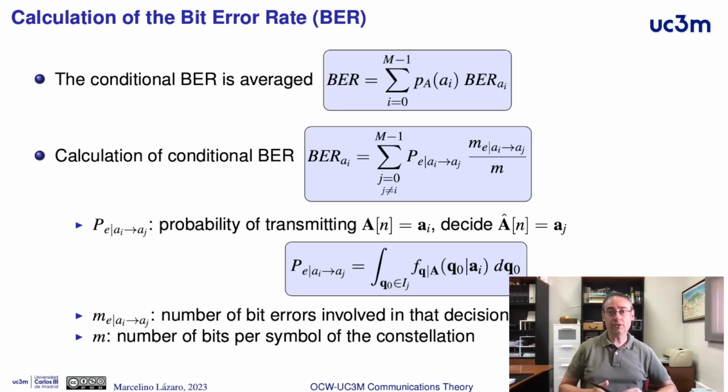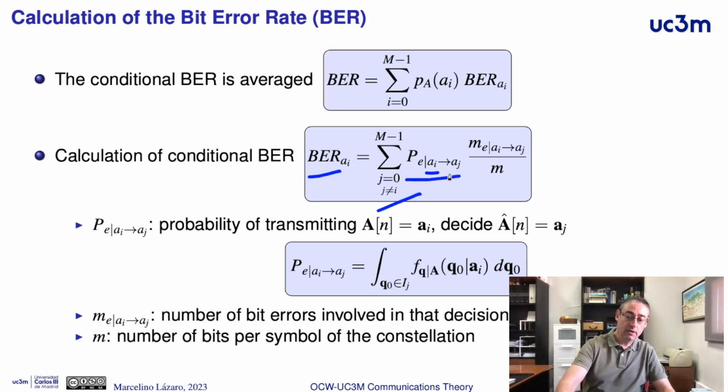And the conditional probability of error at bit level, given that we transmit the symbol AI, is obtained by adding the product between the probability of transmitting this symbol deciding any other symbol of the constellation, AJ, times the ratio between the number of erroneous bits that we have in this decision divided by the number of bits per symbol.